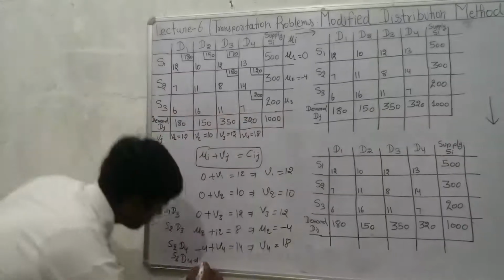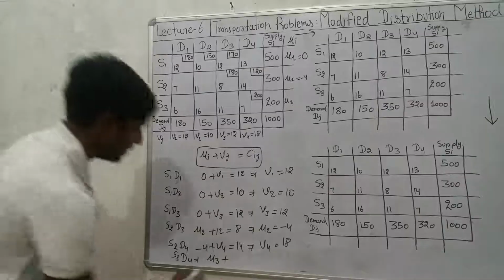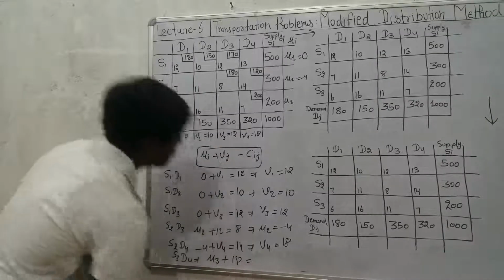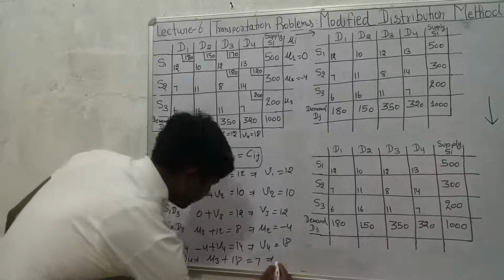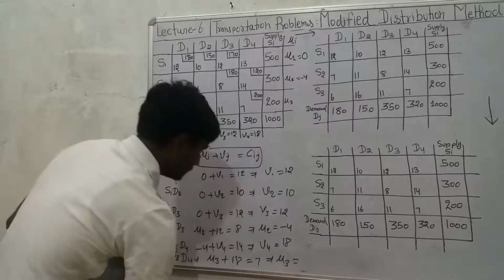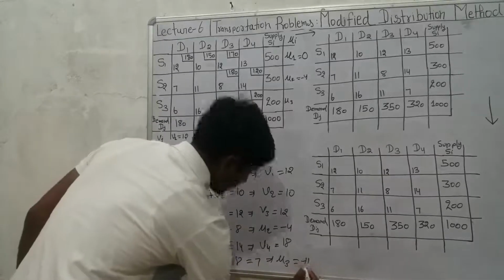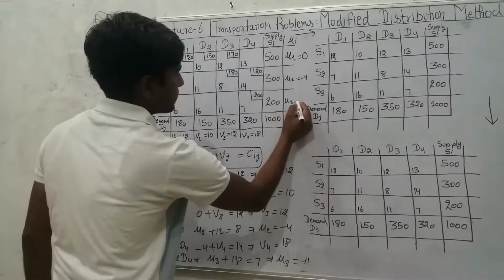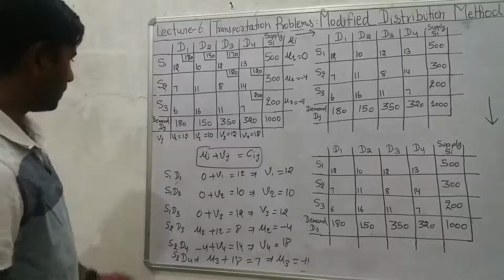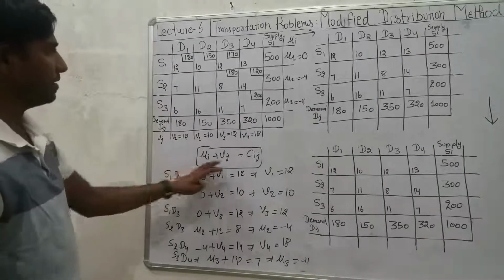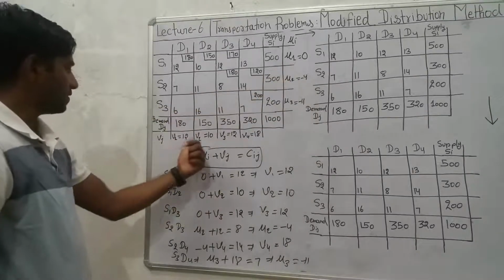U3 we don't know, plus what is the value of V4? 18 is equal to Cij, which is 7. So what would be the value of U3? It is equal to 7 minus 18, that is minus 11.